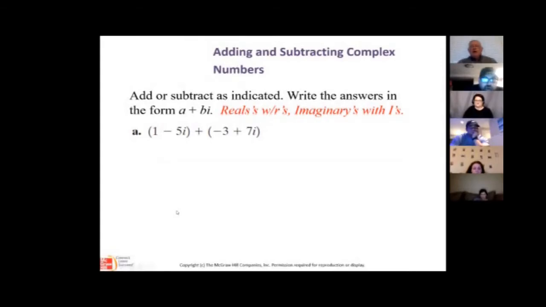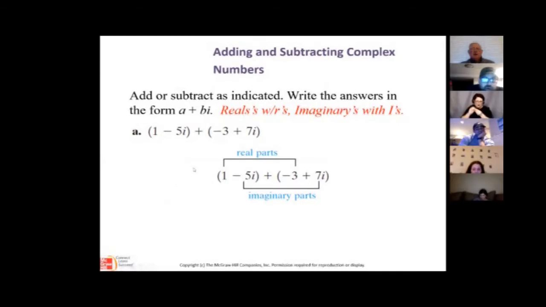Okay, when we get ready to add and subtract these, it's very simple, kind of like we did with variables right at the beginning. Real numbers with real numbers, imaginary numbers with imaginary numbers. So in this case, we would add the 1 and the -3 together.